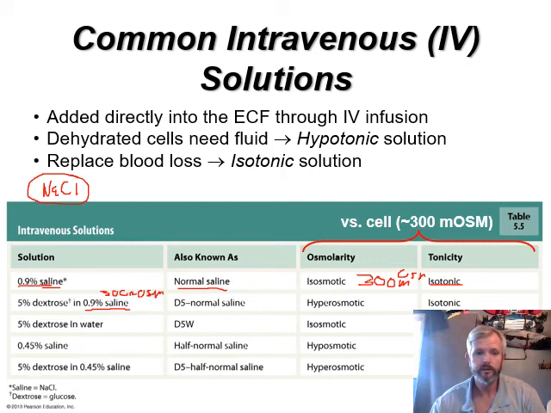And I'm going to tell you, since you can see 5% dextrose is isoosmotic, this is also 300 milliosmoles. So this total solution has an osmolarity of 600 milliosmoles.